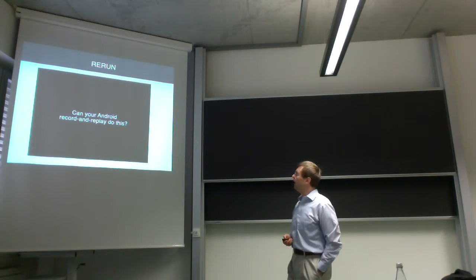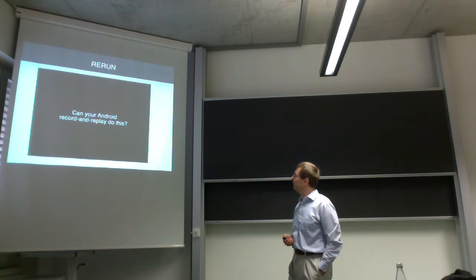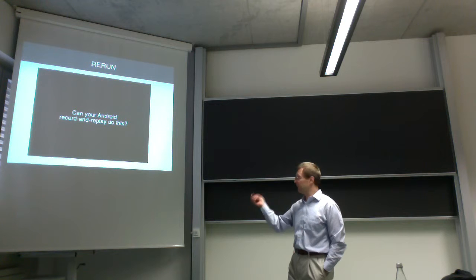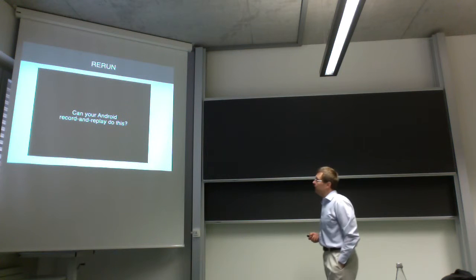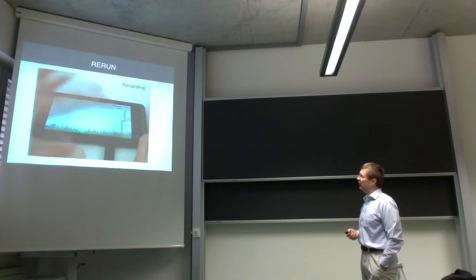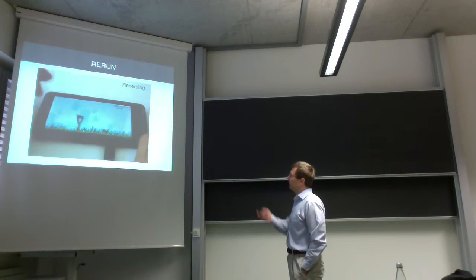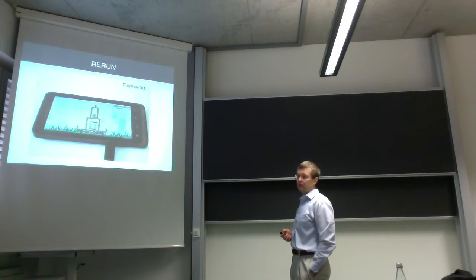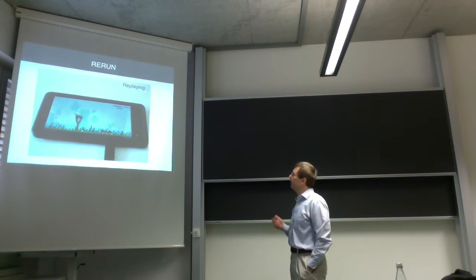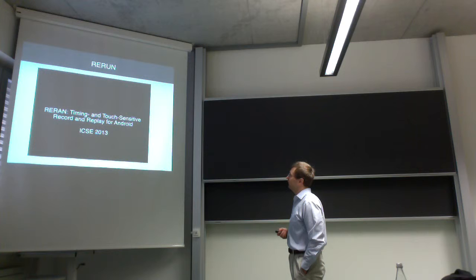So this is one example of the tool, which is called Rerun, and comes from University of California researchers. And basically, it can do really nice things like that. Is this Angry Birds? Yeah, it's Angry Birds. So basically what this guy is doing, he's testing Angry Birds, and he's recording, he's already replaying his script with Rerun.